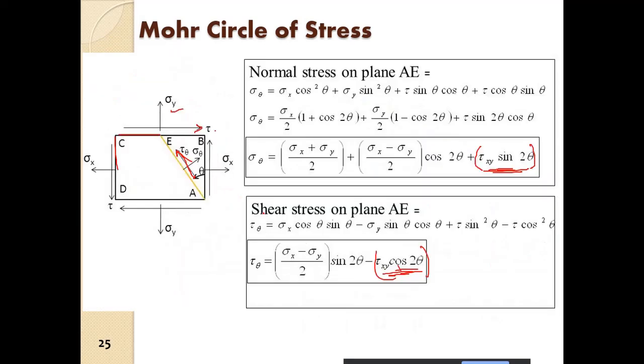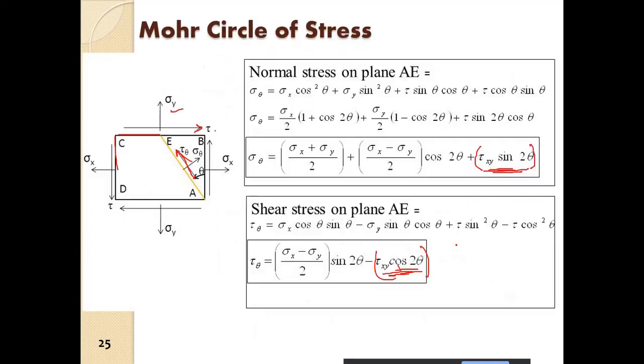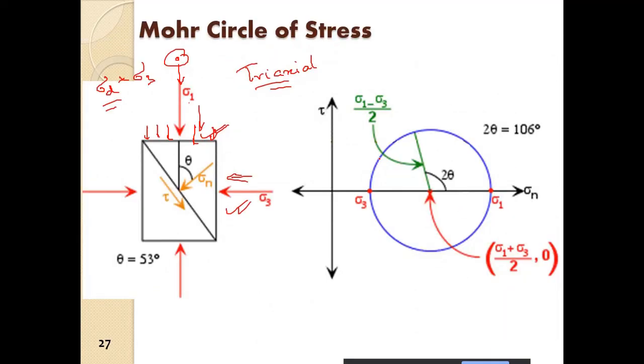Now if you plot this function for various angles of theta, taking theta as 0, 1, 2, 3, 4, 5, what I will get is a circle. The equation is sigma theta equal to sigma 1 plus sigma 3 by 2 plus sigma 1 minus sigma 3 by 2 cos of twice theta.